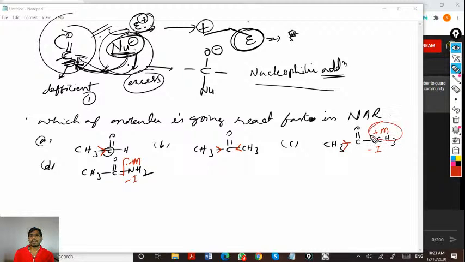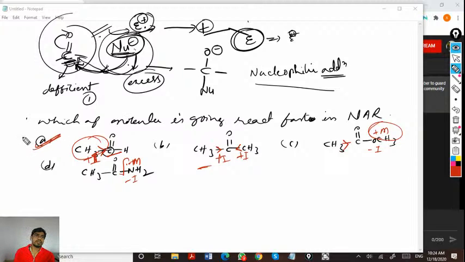These are the plus M groups, and these are plus I groups. Here it is only one plus I group, so among all these, this will be least supported in terms of electron density to the carbonyl carbon. So it is going to react faster compared to all other molecules. Based on the withdrawing nature or the electron density, the reactivity will be defined.